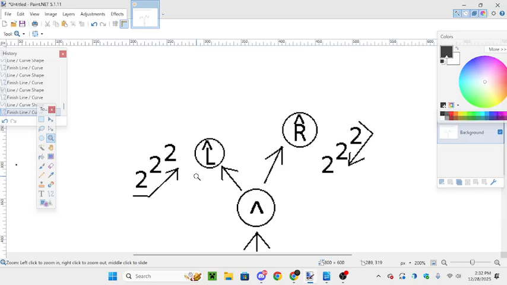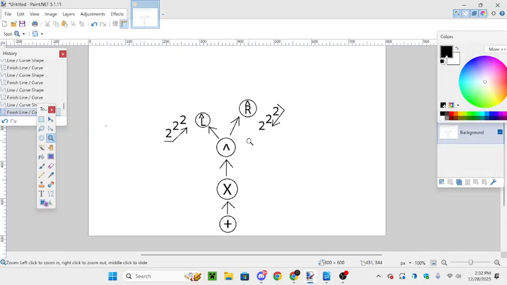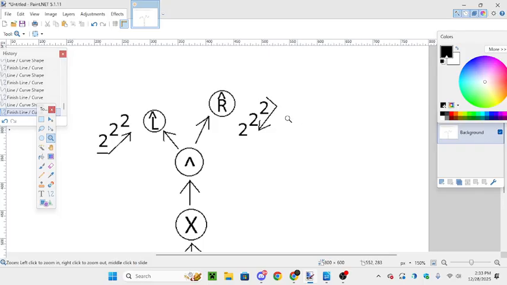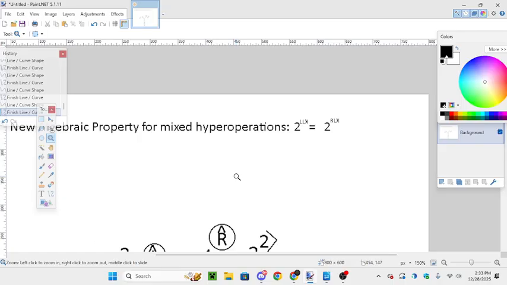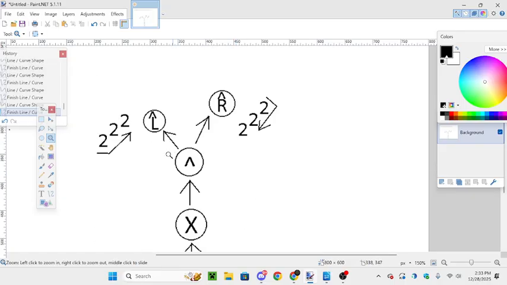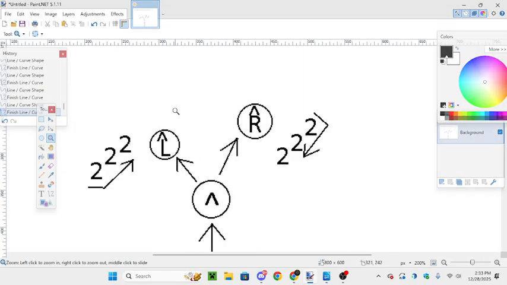They are very different. The issue with these hyperoperations is that we don't really know of many algebraic properties we can use to understand these and larger operations, because they just don't have much.